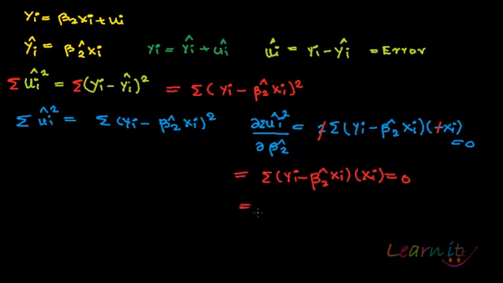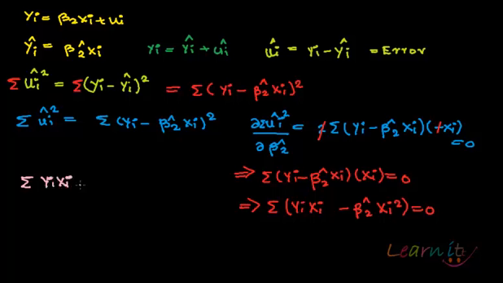So you can simplify this further to write it as summation of yi xi minus beta 2 hat summation xi square is equal to 0. Fine. So what you have here is summation of yi xi is equal to beta 2 hat summation xi square.